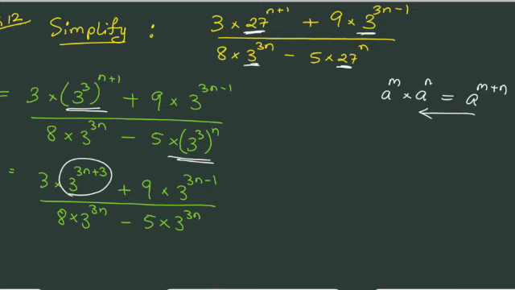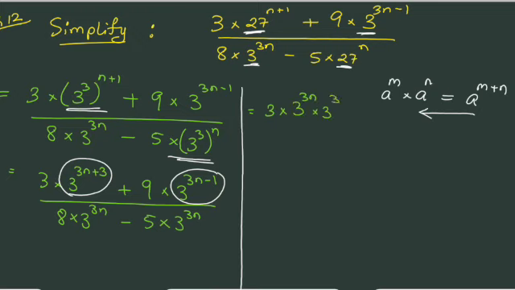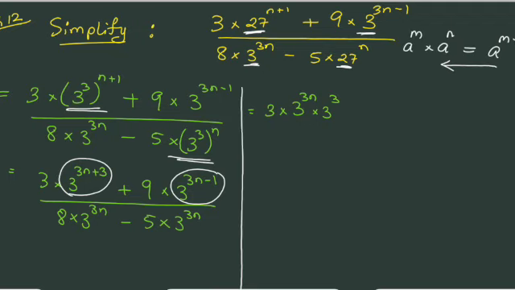Same thing over here. So that can be written as 3 into 3 raised to 3n into 3 raised to 3. 3 raised to 3n plus 3, we are dividing that power into two bases, 3 raised to 3n and 3 raised to 3.